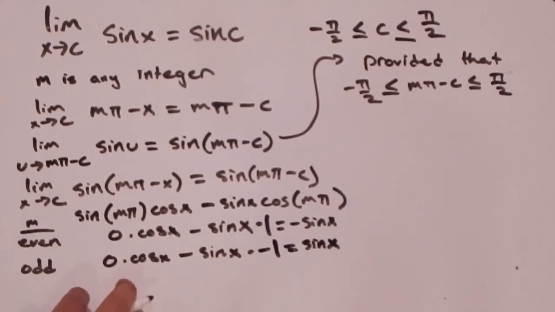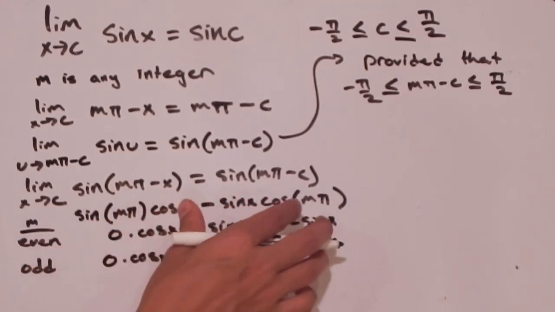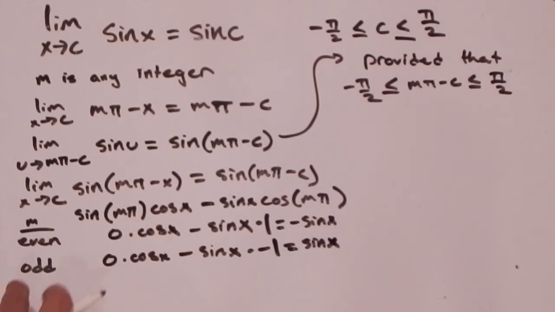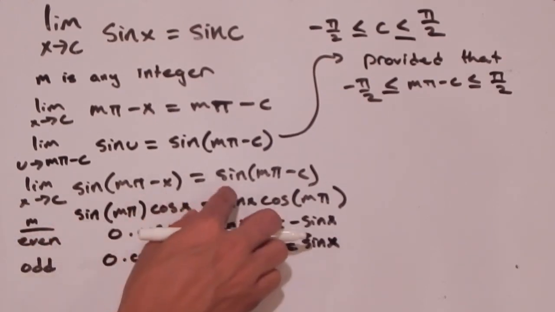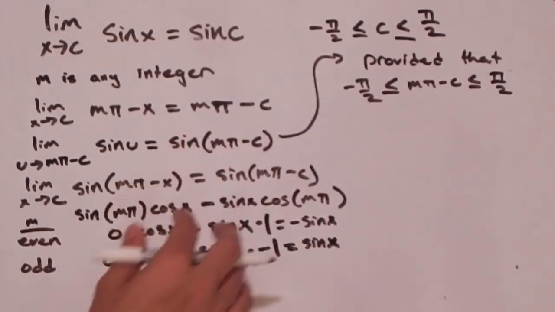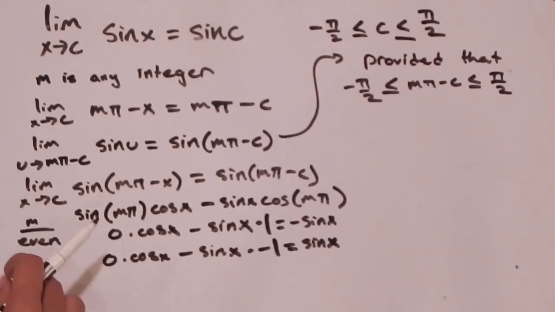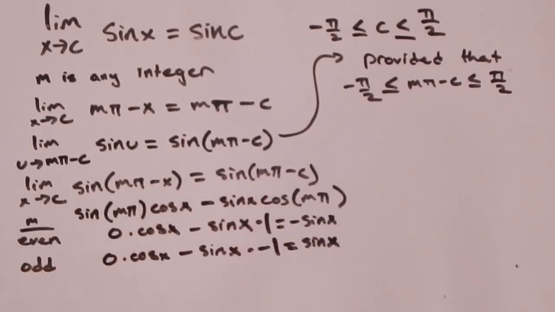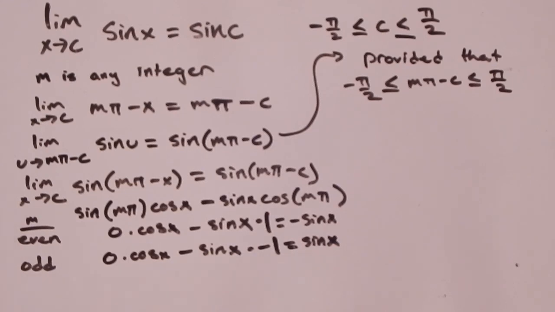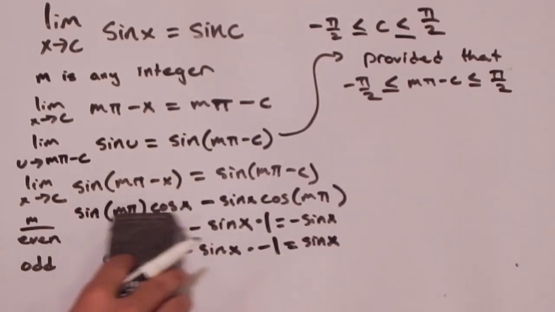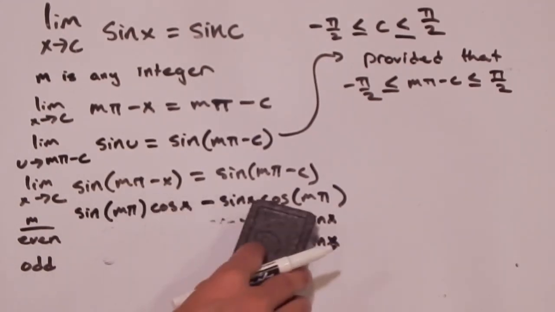And similarly, if we applied this same identity to sine of m pi minus c, we would see that when m is even, sine of m pi minus c is going to be negative sine of c, and when m is odd, sine of m pi minus c is just going to be sine of c. So using that knowledge, we can then rewrite this limit for when m is even and odd.